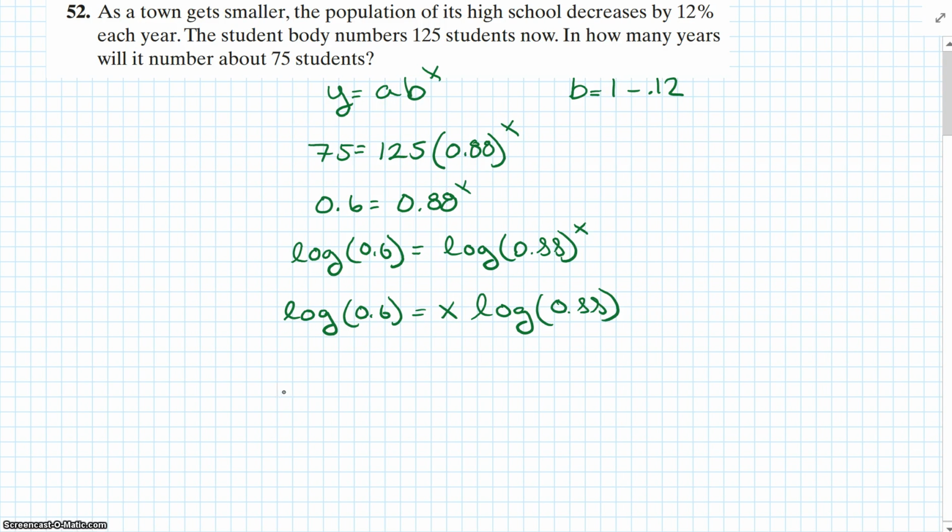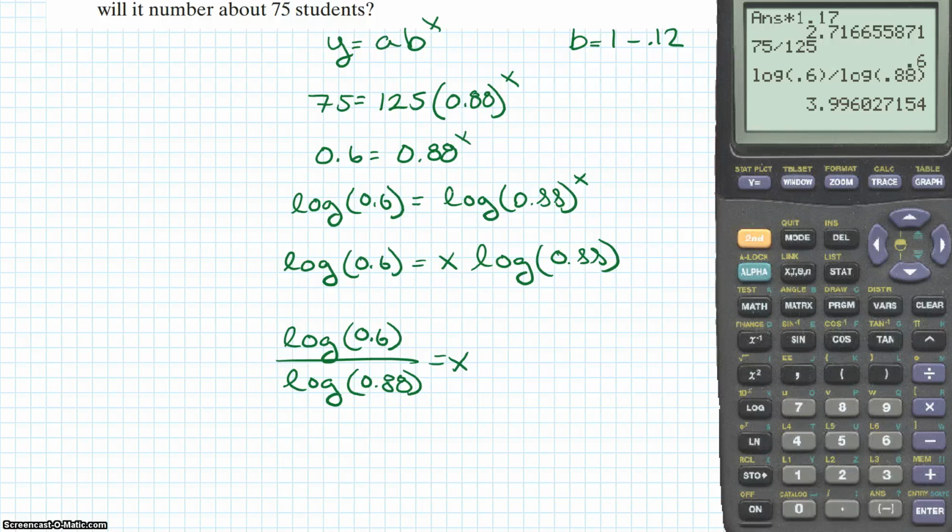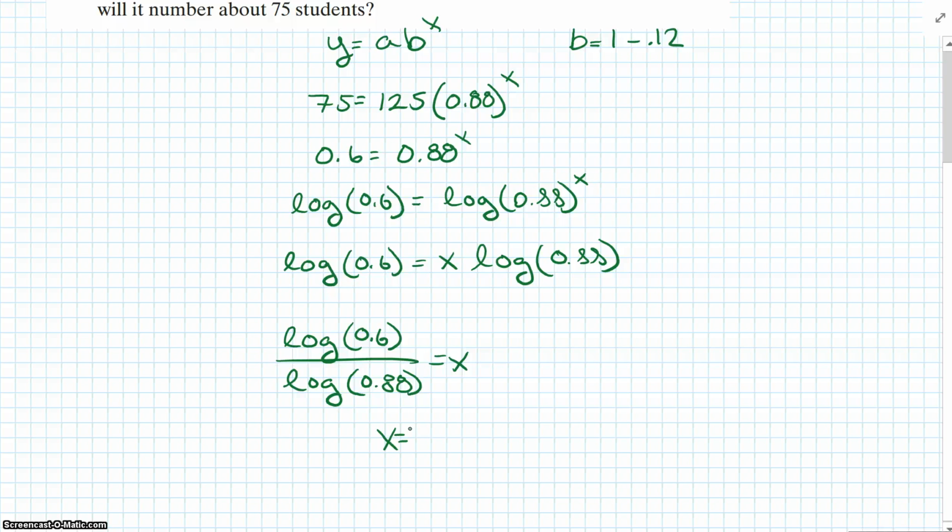Divide each side by the log of 0.88, so I get the log of 0.6 over the log of 0.88 equals x. So I got the log of 0.6 divided by the log of 0.88, 3.99. So x equals 3.99. So you could say 4 years.